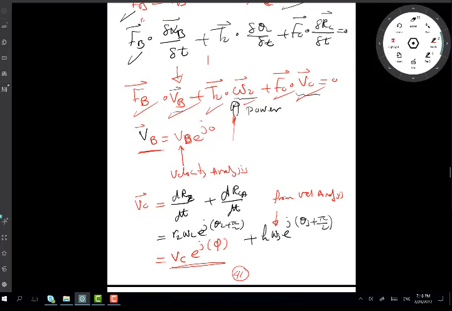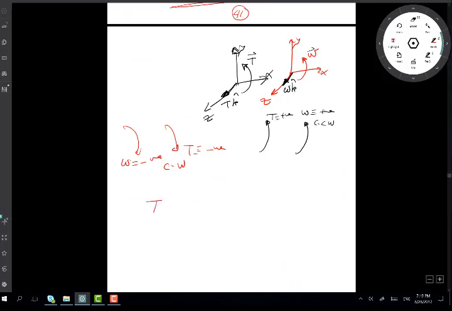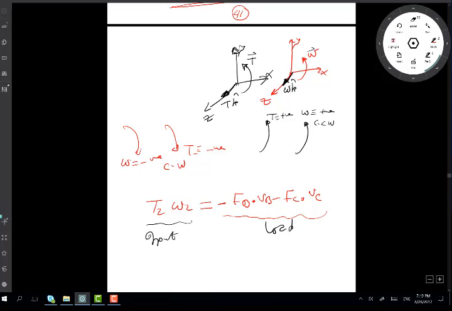So normally, when I write this equation, I'm going to write T2 omega 2 on one side, and on the other side, minus FB dot VB minus FC dot VC. Together, those are like a load acting on the system, and this is the input power.